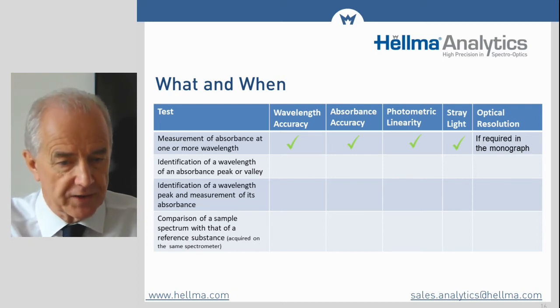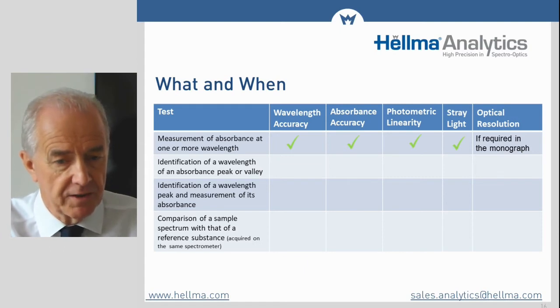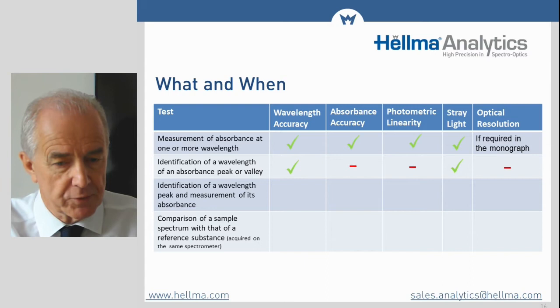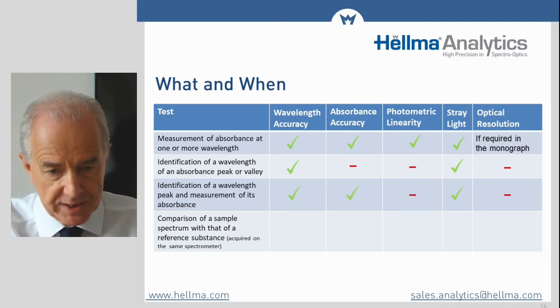Where just the wavelength of an absorbance peak or valley is being identified, wavelength accuracy and stray light should be tested. Where the wavelength and absorbance level of an absorbance peak or valley is being measured, then the wavelength accuracy, absorbance accuracy and stray light should be tested.